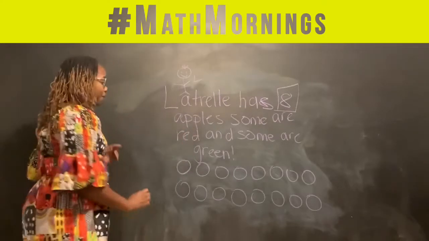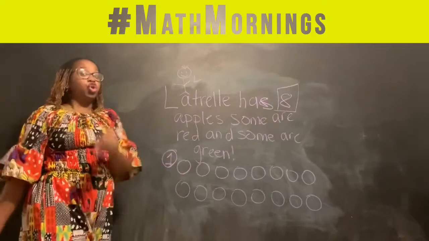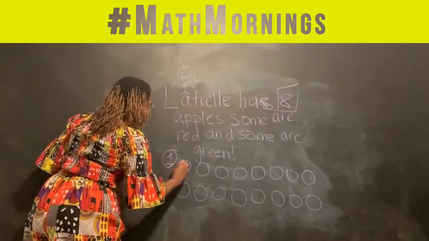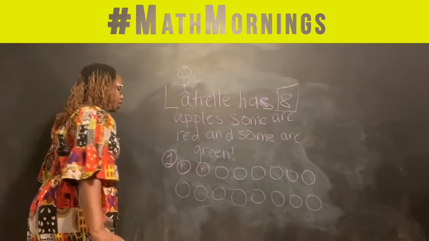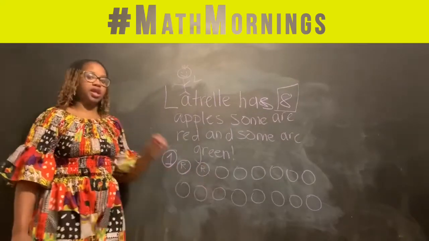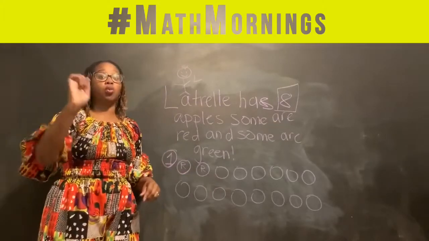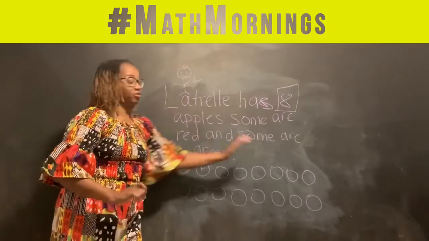So now my first answer could be 2 red. So let's say Latrell has 2 red apples. And the R is going to be for red. Now if you are doing this on a sheet of paper, I want you to always, if you can, make your object that color.